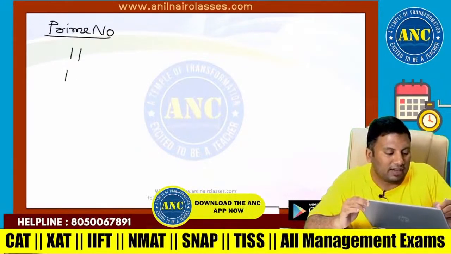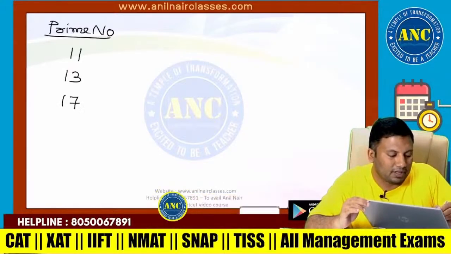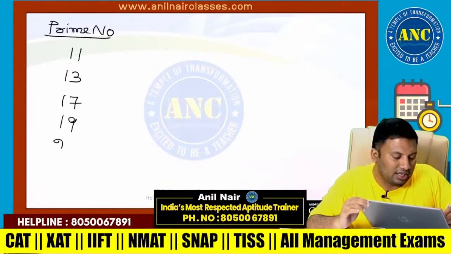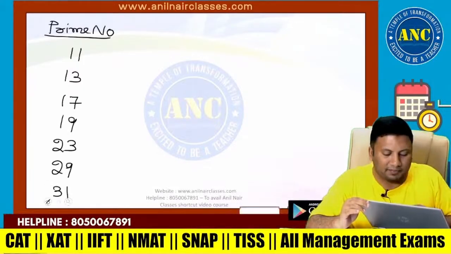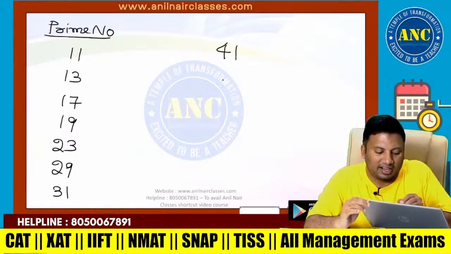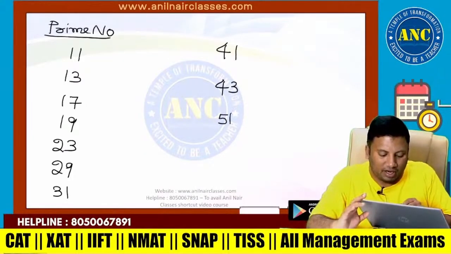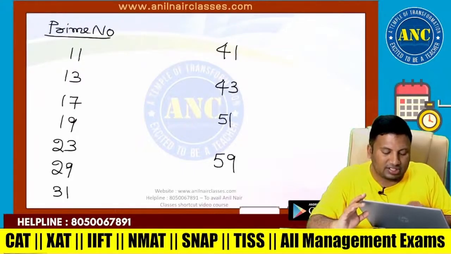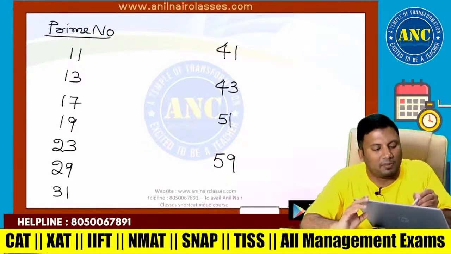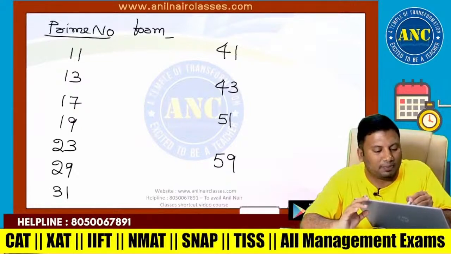Prime numbers 11, 13, 17, 19, 23, 29, 31, 41, 43, 51, 59. Let us develop our own form of the divisibility rule of the prime numbers.